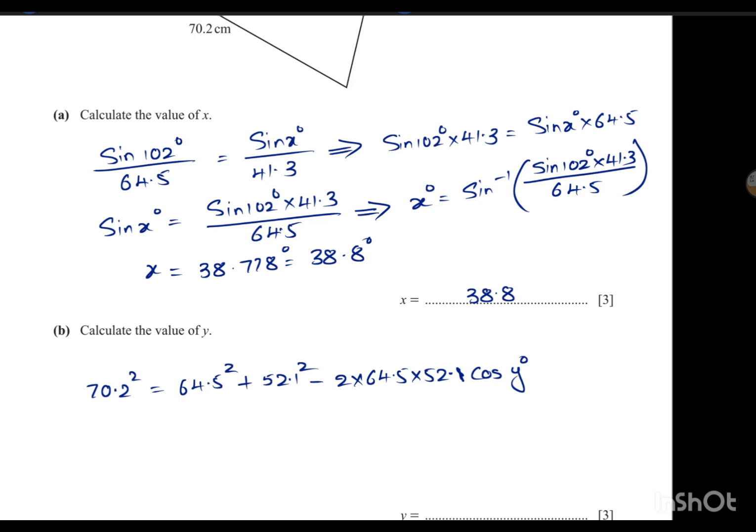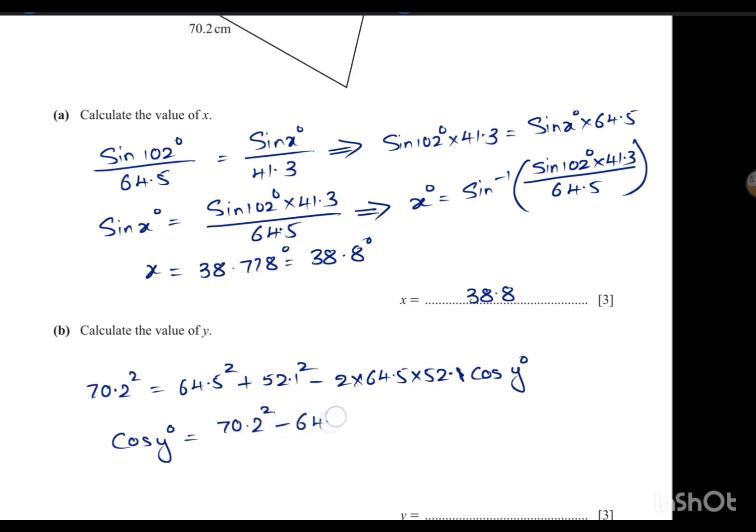Now we need to find the value of y, so flip the equation, bring all the unknown values to the right hand side. So cos y will be, if I bring these two to the other side, they become negative, and there is already 70.2 whole square on the other side of the equation.